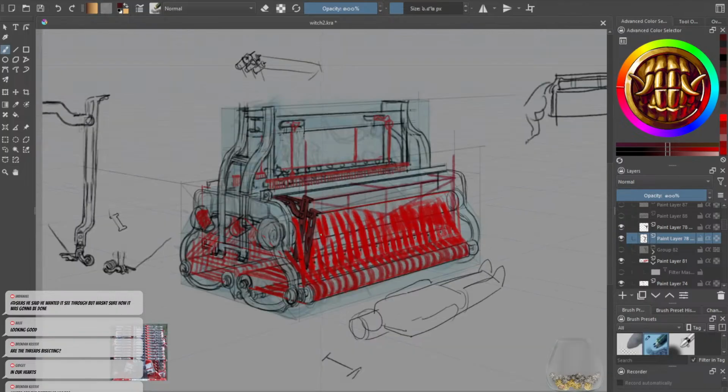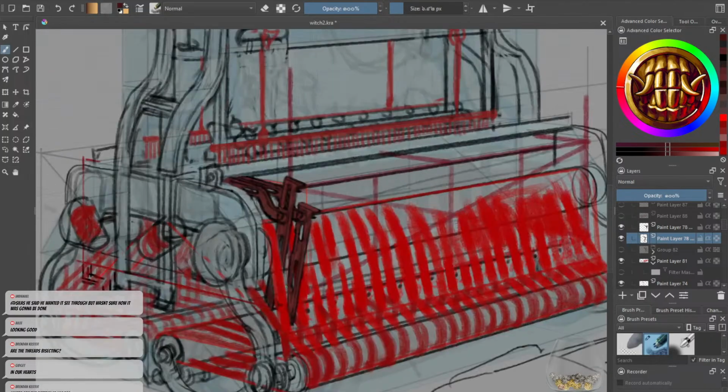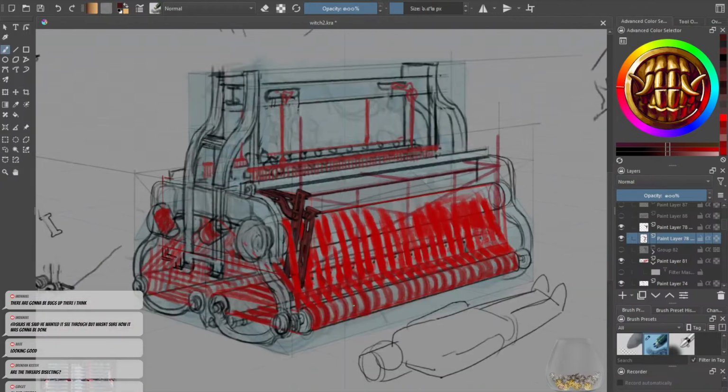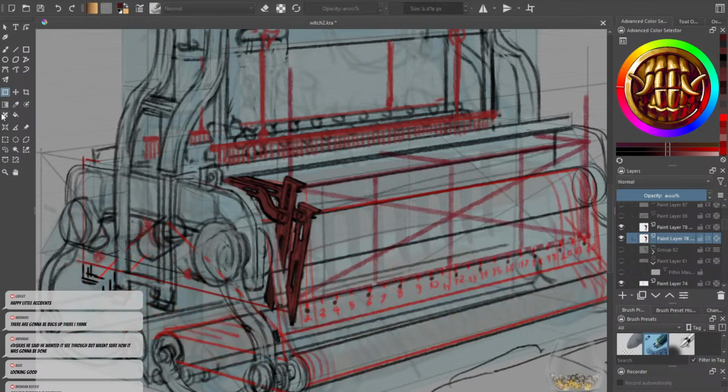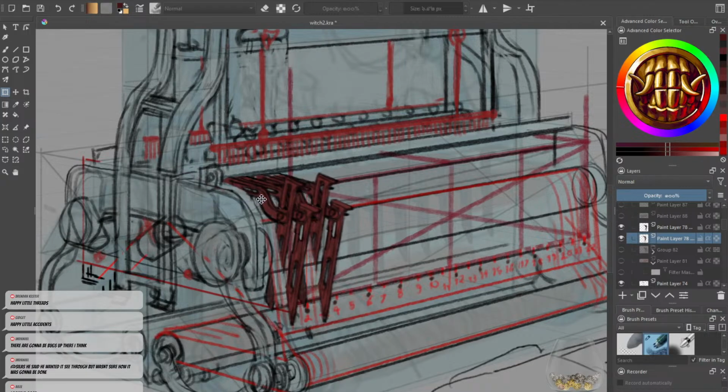I'm gonna have to fix that afterward. Can't put that all in. Yeah. Let's just go that far.